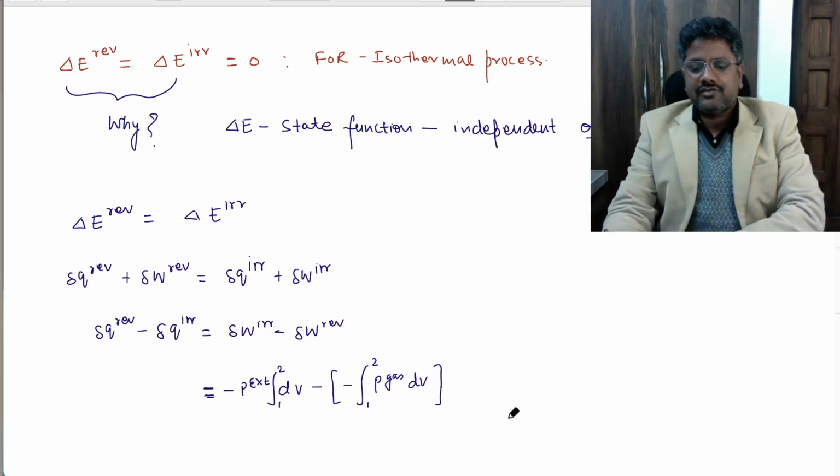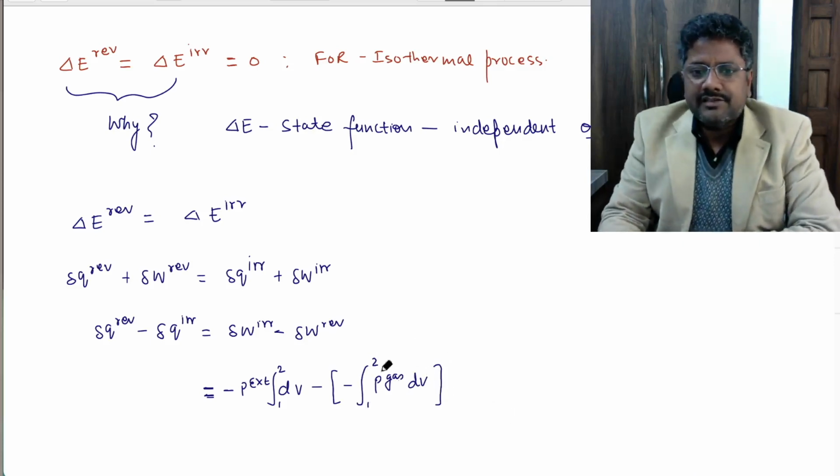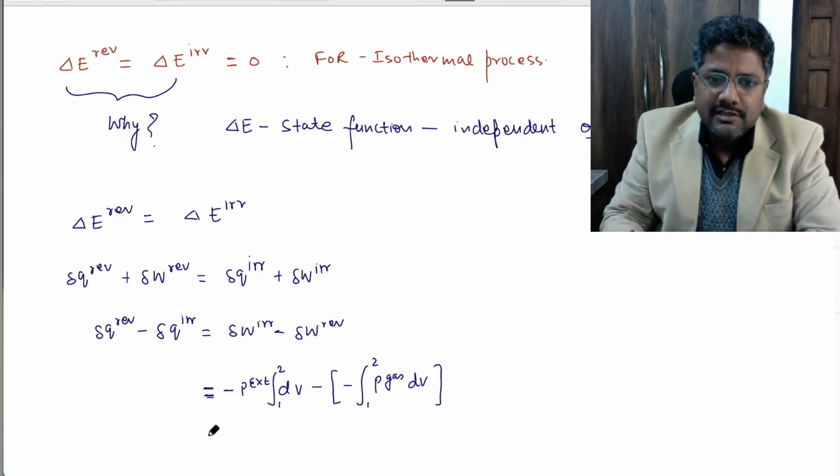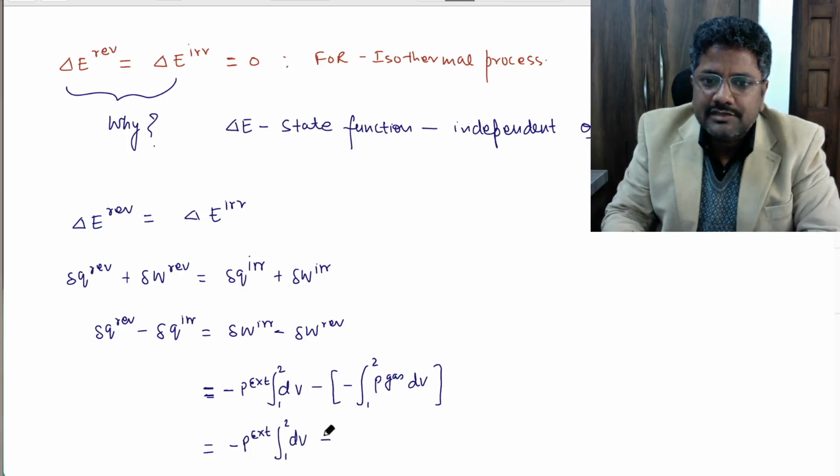We can replace P gas with RT by V, so we can integrate this. So now this is equal to P external integral 1 to 2 dV plus integral 1 to 2 P gas dV.